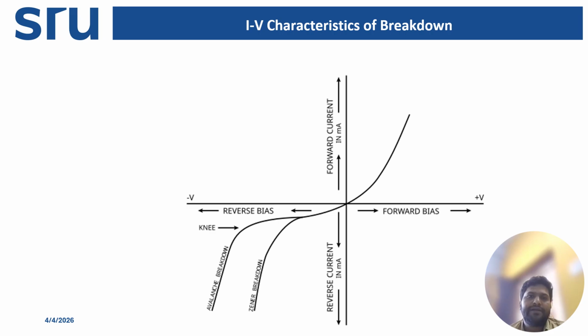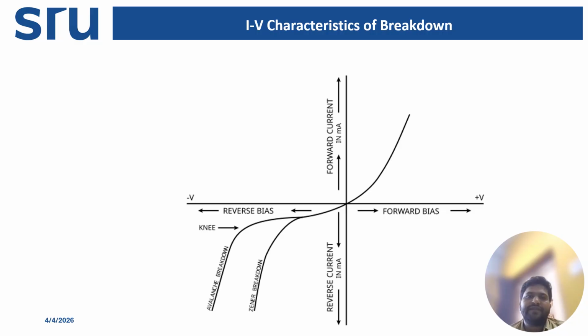So what is the practical significance? The breakdown IV characteristics are very important in Zener voltage regulation, over voltage protection circuits, and voltage reference circuits. Zener diodes are especially designed to operate safely in the breakdown region.